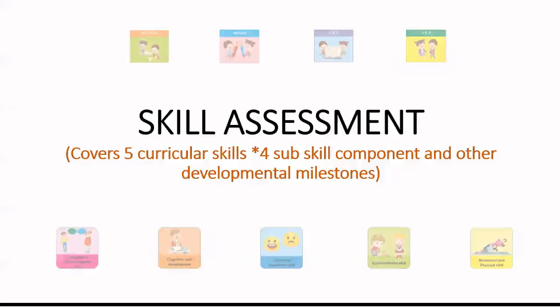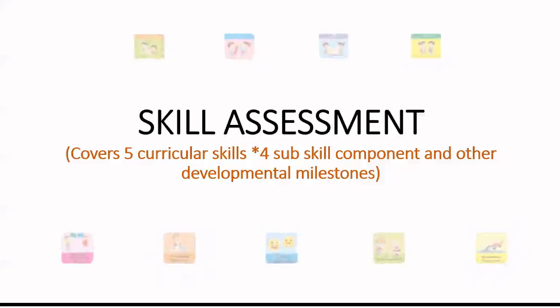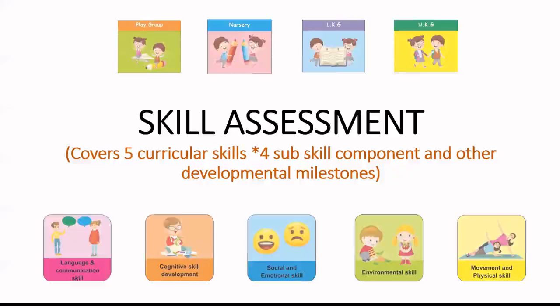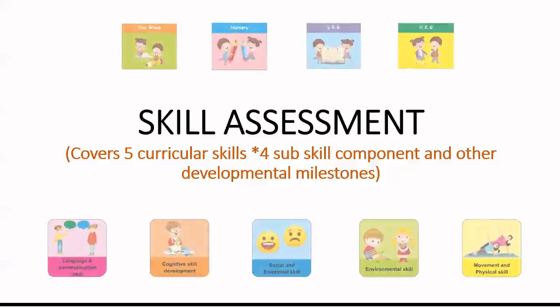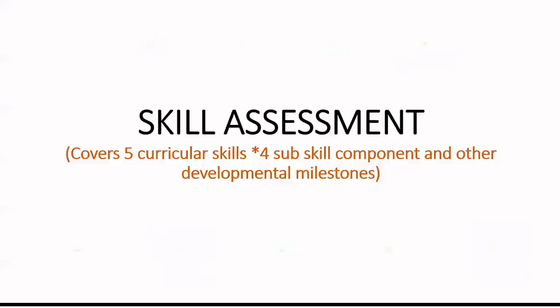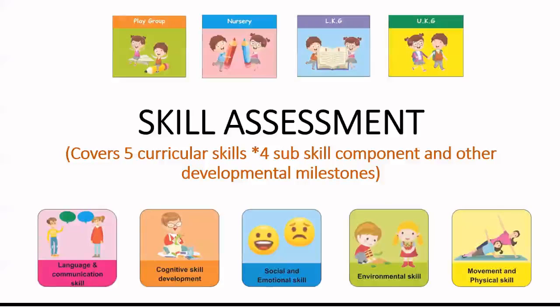So these are 5 curricular skills, and under each curricular skill there are 4 sub skills. That means under language and communication skill, for example, it's reading, writing, listening, and speaking. Similarly, for all the 5 curricular skills, there are 4 sub skills.